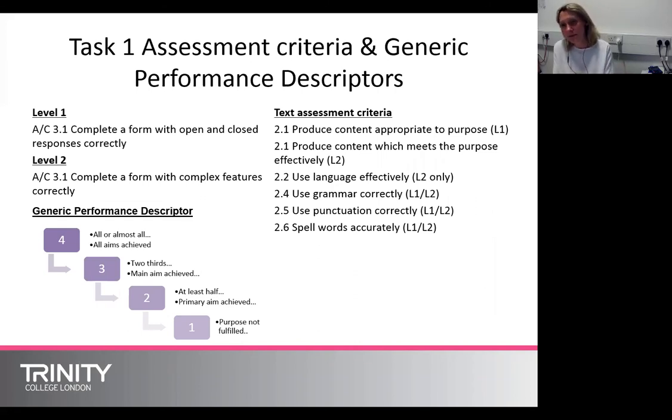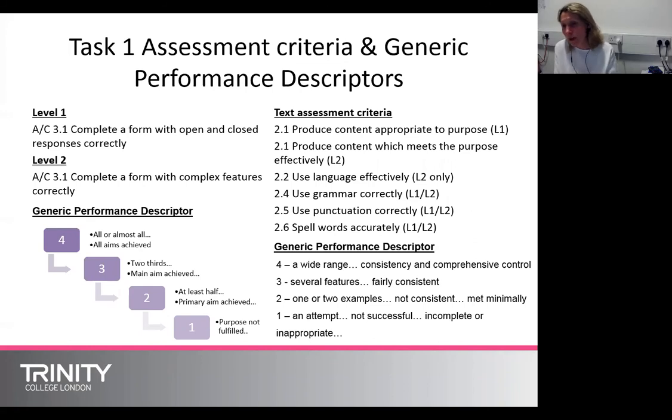Candidates are expected to use a range of different grammatical items, and it's the same for punctuation and the same for spelling. So in terms of generic performance descriptors, so what marks we're going to award against all of these assessment criteria: if there is a wide range used consistently with comprehensive control, 4 marks are awarded.